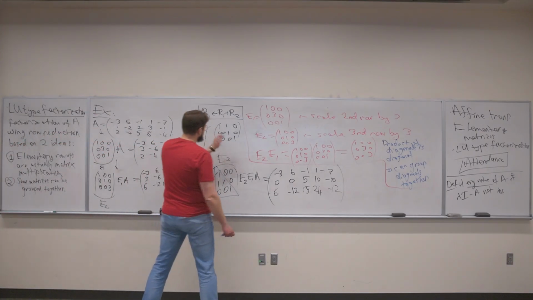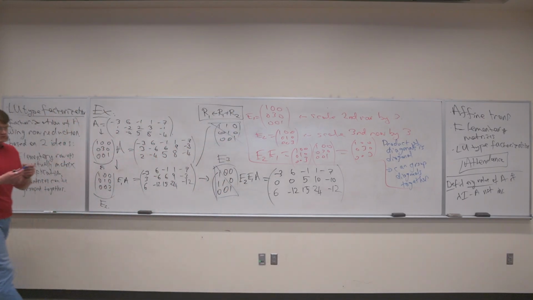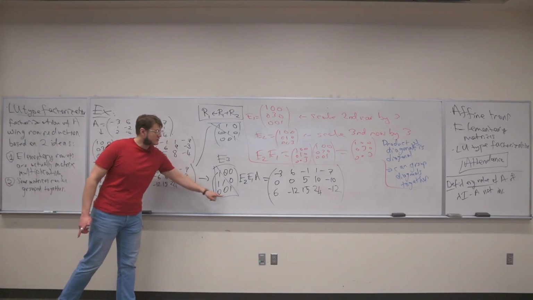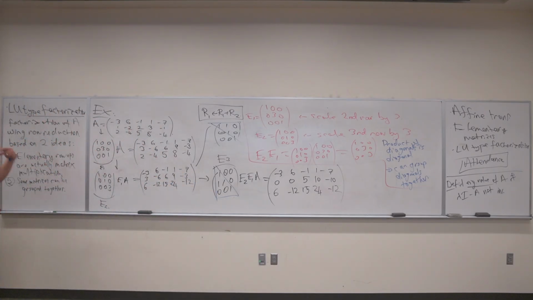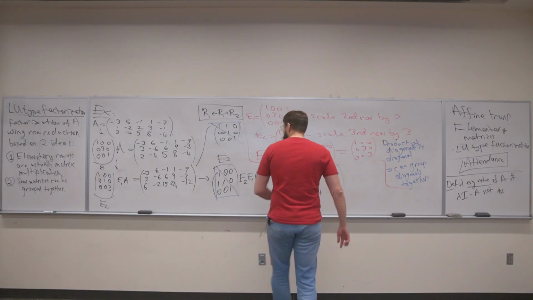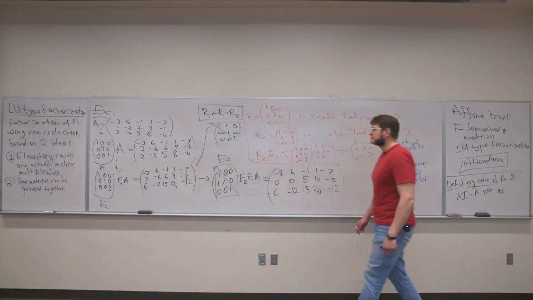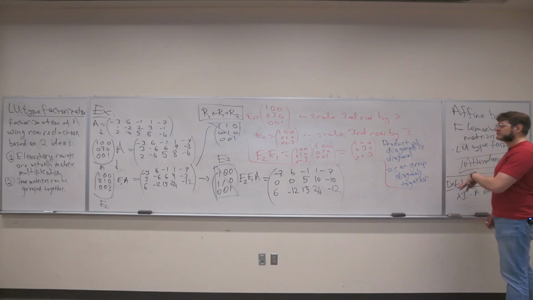It turns out, again, these lower triangulars are also combinable. Meaning, if I were to take 2 lower triangulars, I'm not going to keep going with this calculation, but if you were to take 2 matrices like this, multiply them, you're going to get back a matrix of the same type.